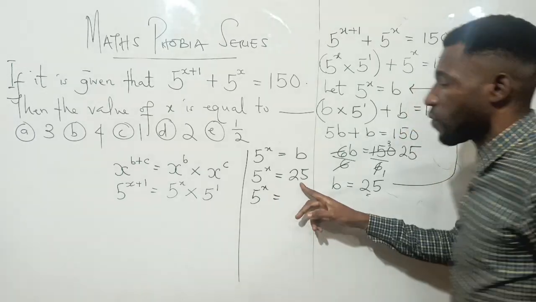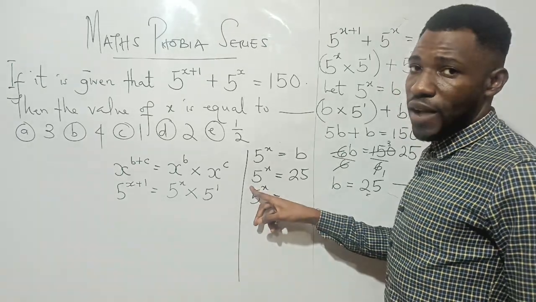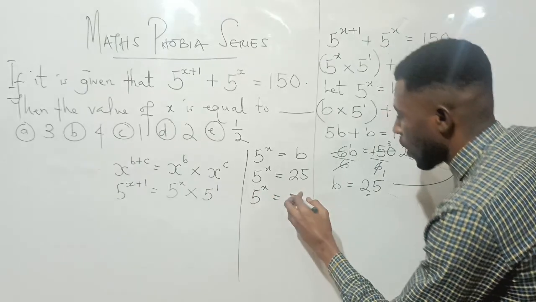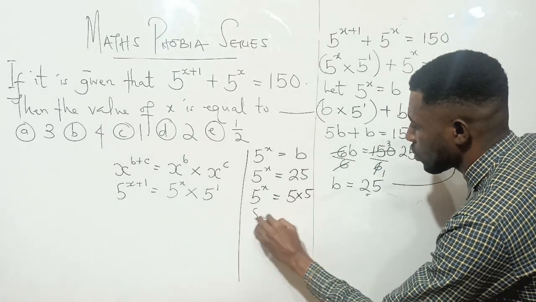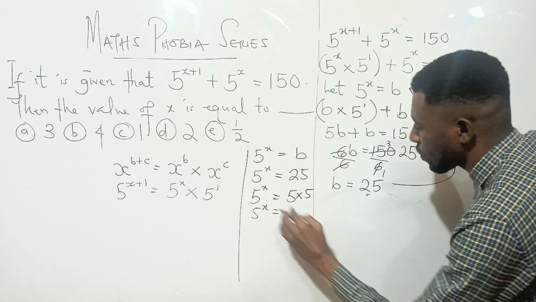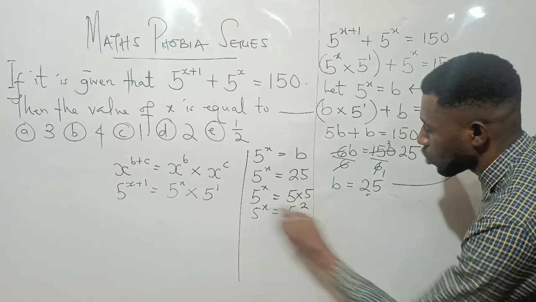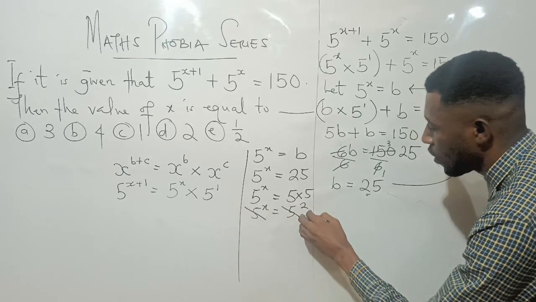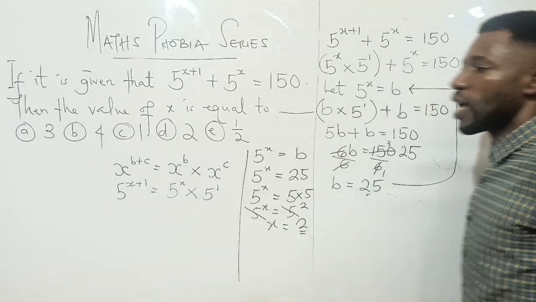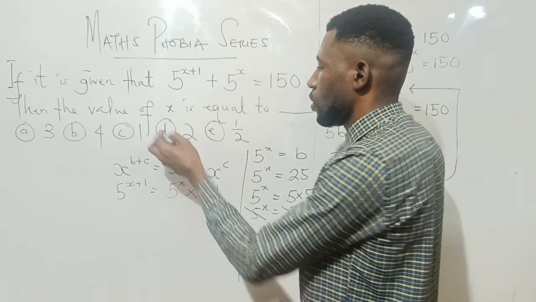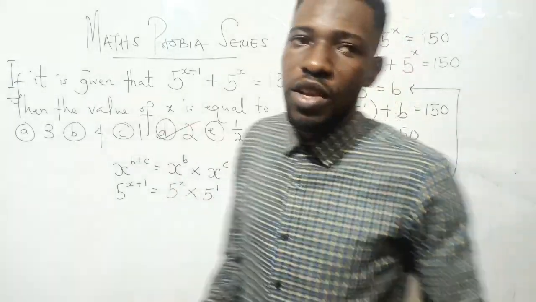We can express 25 as 5 times 5, and that means 5^x equals 5^2. They have the same base, so x is equal to 2. And that leaves us with option D as the correct answer.